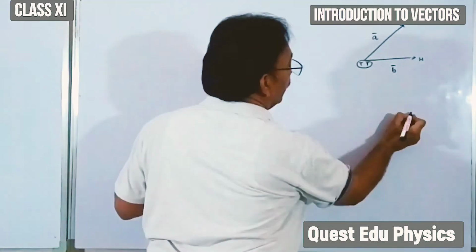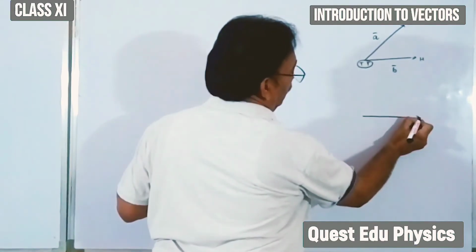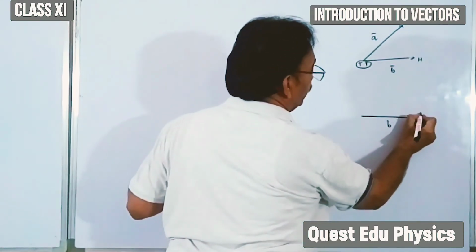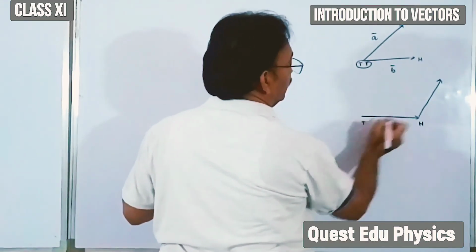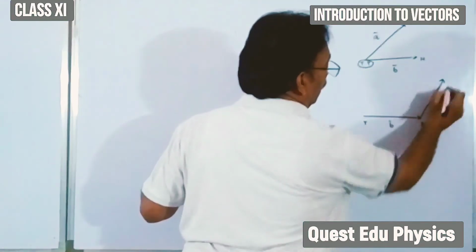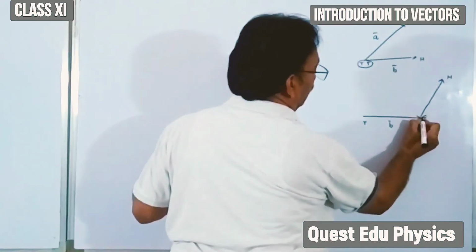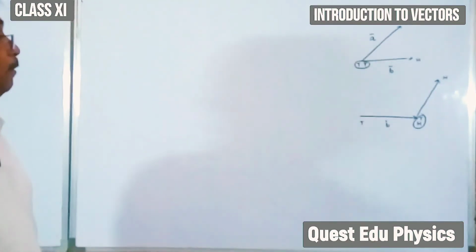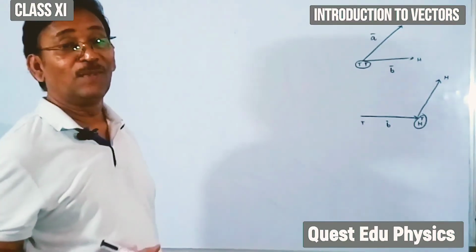The second one, what we did, it is the second vector, B bar, and I transposed this vector to here. Then what happened? It is head to tail. Okay? If you watch it carefully, you will come to one more conclusion.